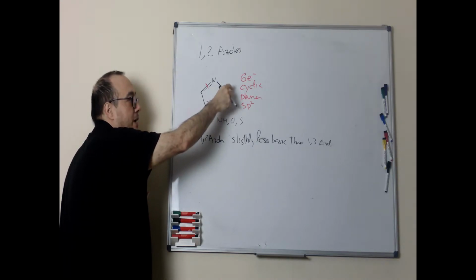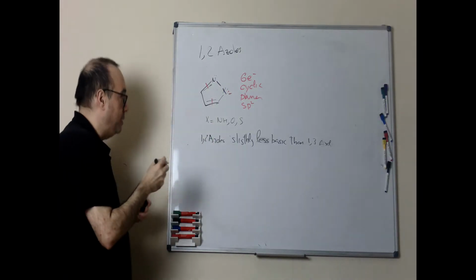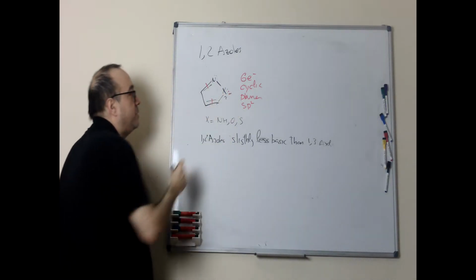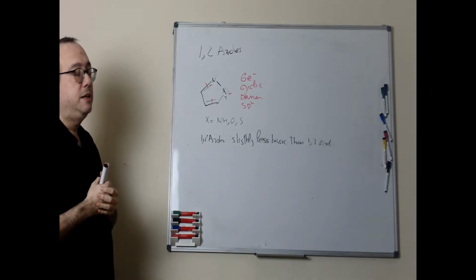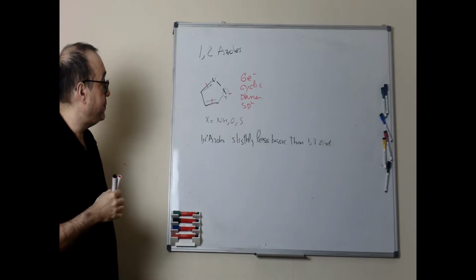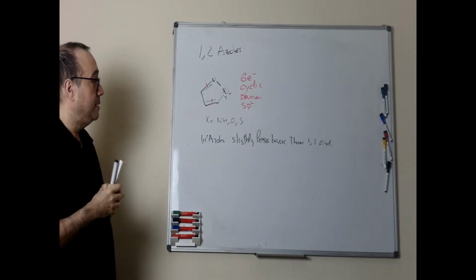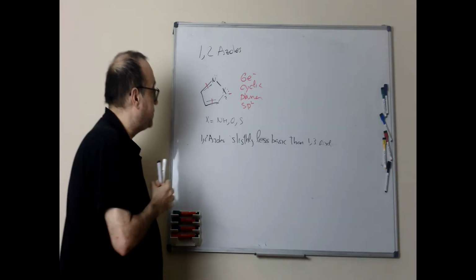Because next to the atom where we have the pair of electrons in the sp2 is another electronegative atom that decreases the basicity of the nitrogen atom. Okay? What more?